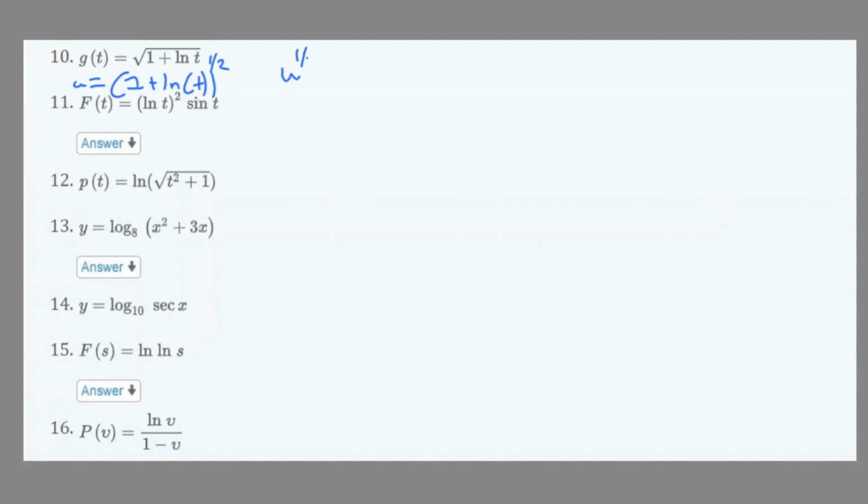So we would have u to the half power times u prime, which is going to be the derivative of whatever's inside. If we find the derivative real quick, we get a half times u to the negative half power multiplied by u prime, which is going to be the derivative of 1, which is 0, plus the derivative of ln t, which is 1 over t.